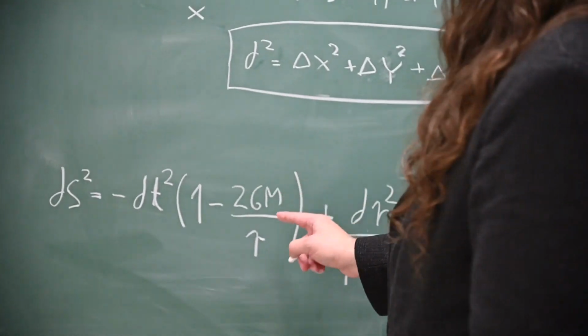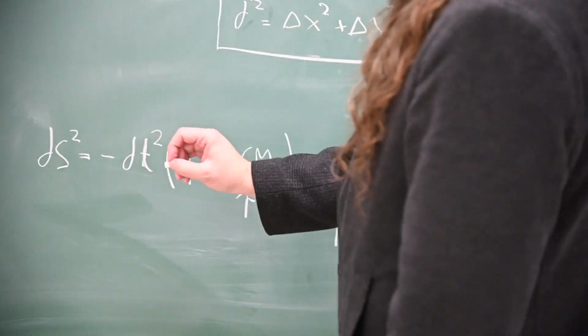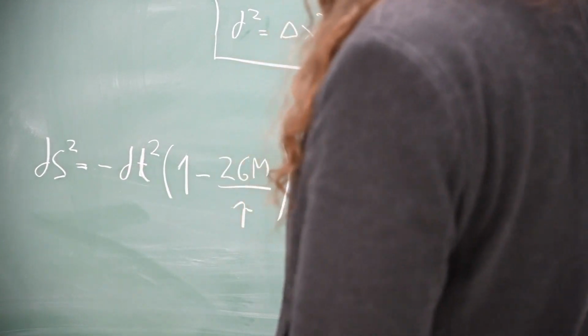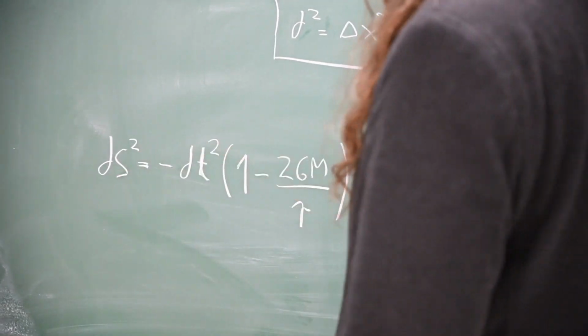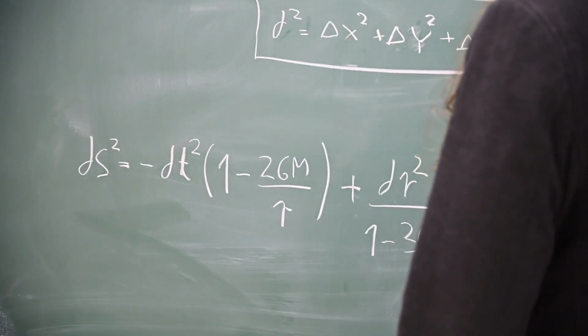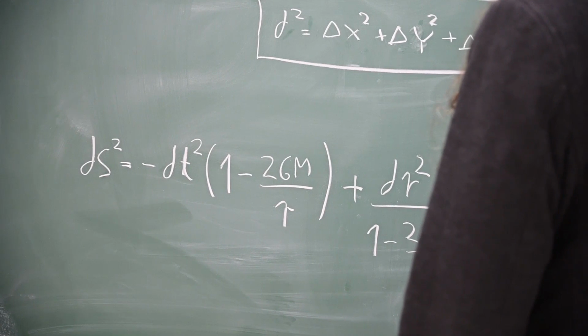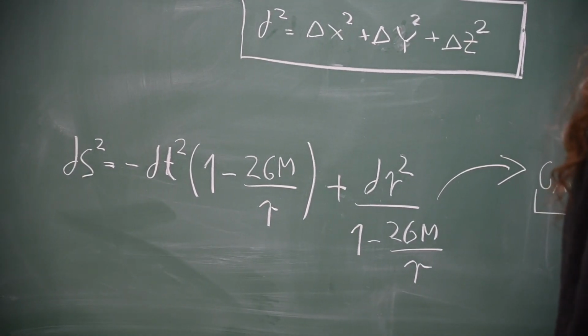I will explain in detail what this means. But at this point, I just want to say that when you put this type of distance function into Einstein's equation in vacuum, they will be consistent with the demand that this mathematical object vanishes.